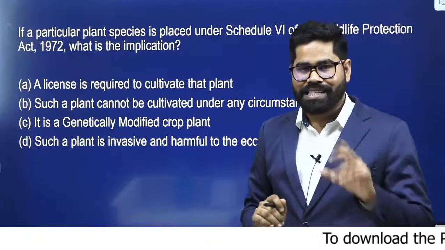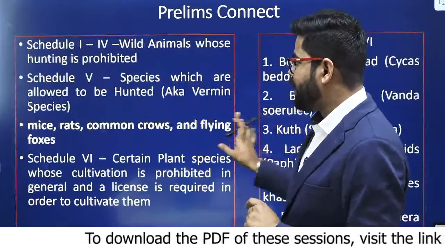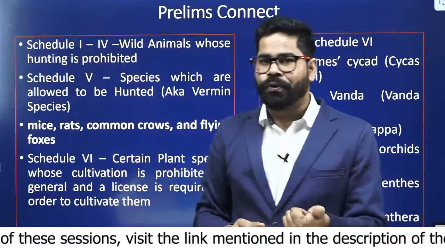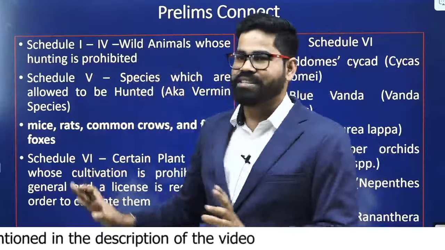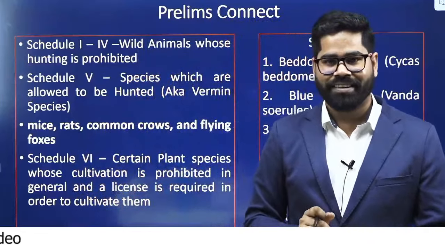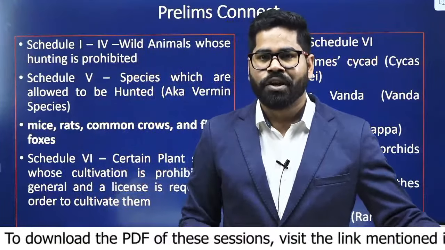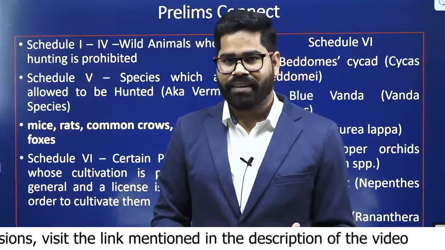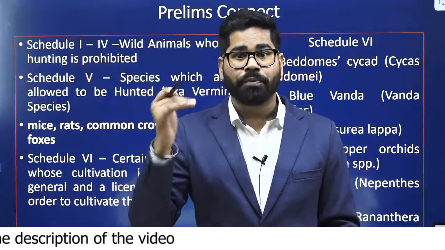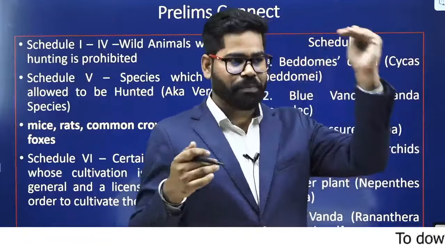Basically, there are 6 schedules. Schedules 1 to 4 contain certain wild animals whose hunting is prohibited, with varying levels of protection. Schedule 1 means the highest level of protection.